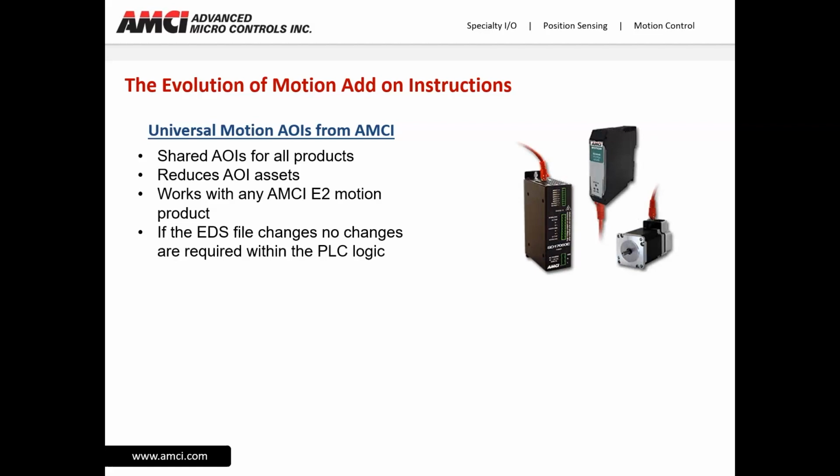We're no longer having to download multiple versions like we did in the previous PLC program. And what that does is it helps reduce our AOI assets. Again, one set, multiple products. And it works with any AMCI E2 motion product. And if the EDS file changes, no changes are required within the PLC logic.